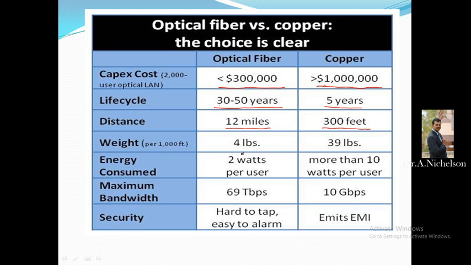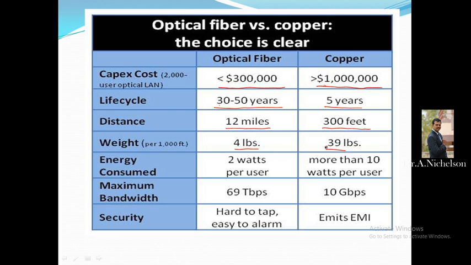Now the weight is also very much reduced. For copper it is more, so the weight of optical fiber is 10 times smaller than that of copper.